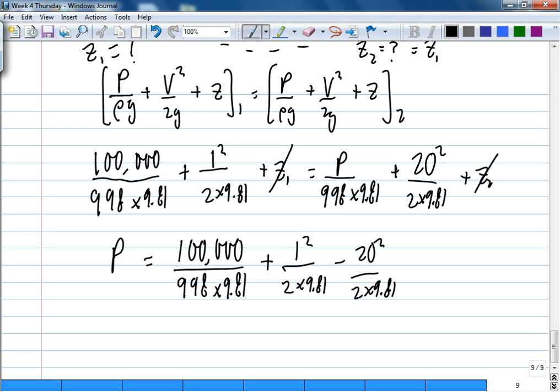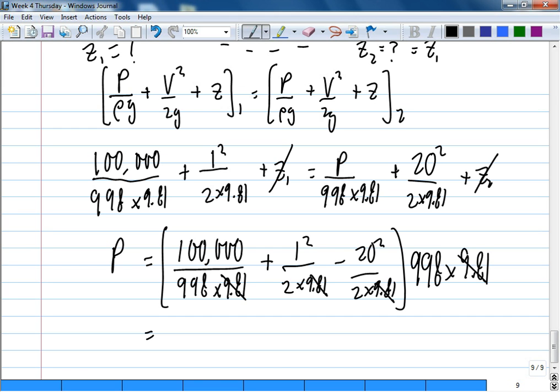Is that alright? Okay? So equals, what is it? Oh, sorry, this whole thing must multiply by 998 times 9.81, actually 9.81 can cancel out. Okay. So equals what? So the pressure actually decreased. What is actually happening in this case?